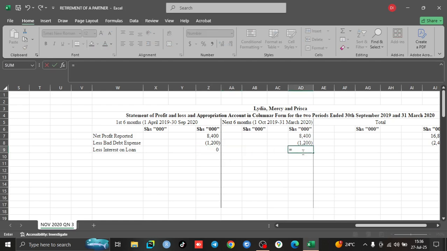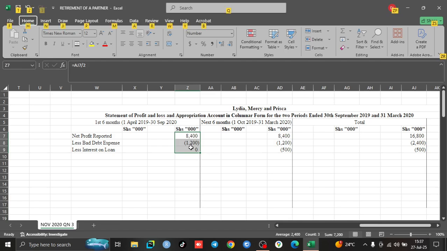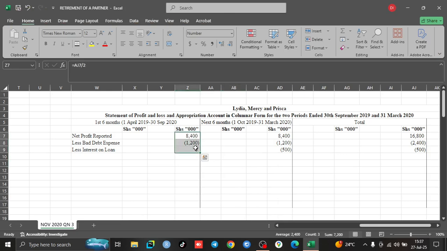However, now for the next 6 months, we have some interest, and the total will be the sum of the two. So we don't have any other expense. We can now get our adjusted net profit.